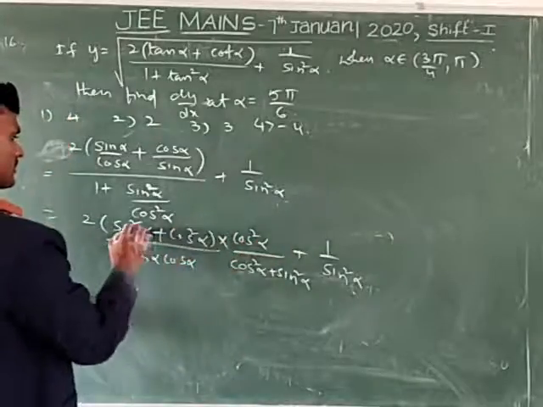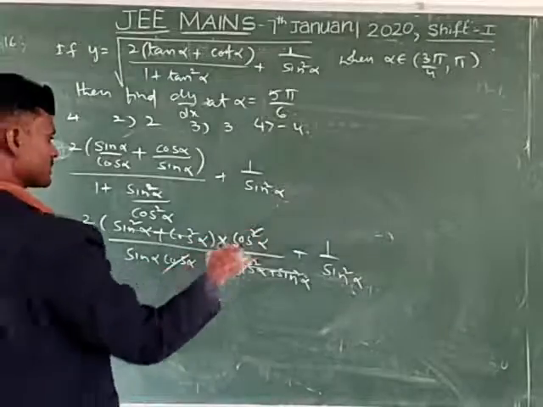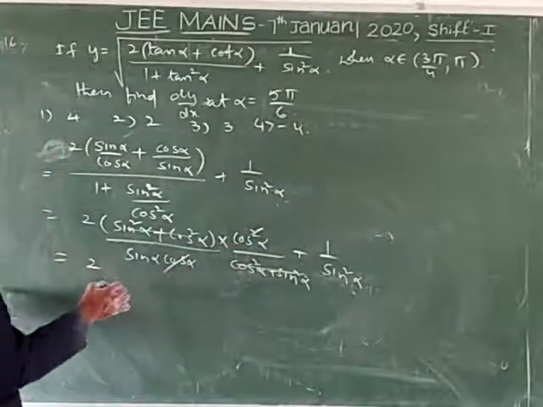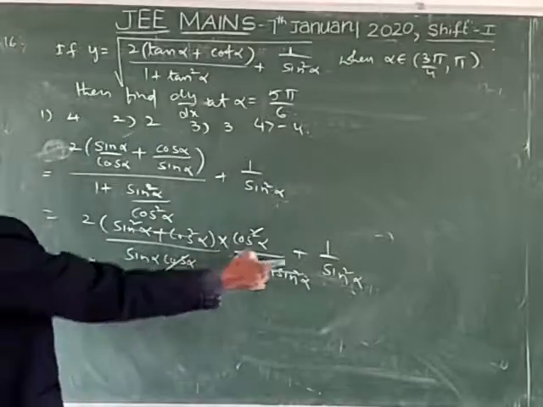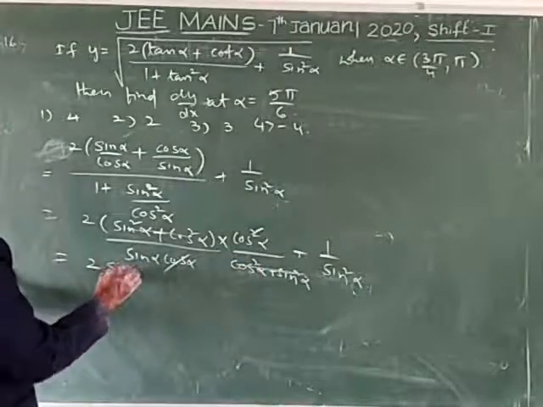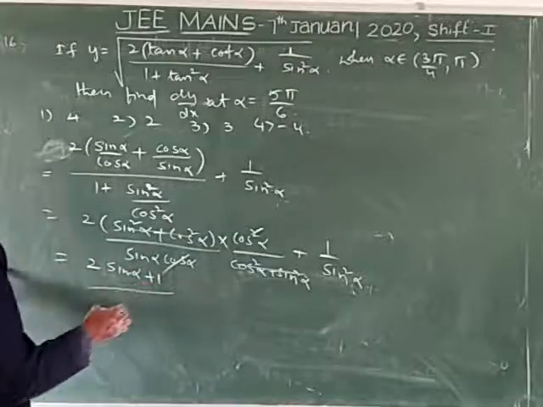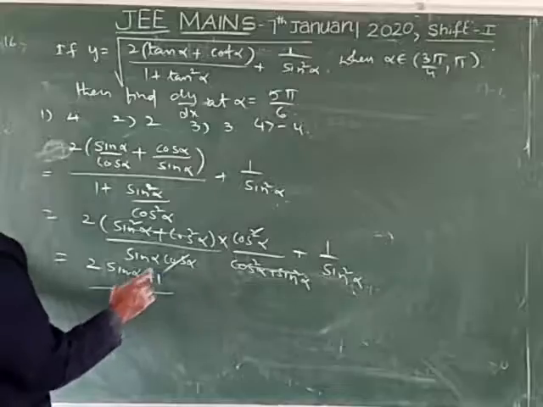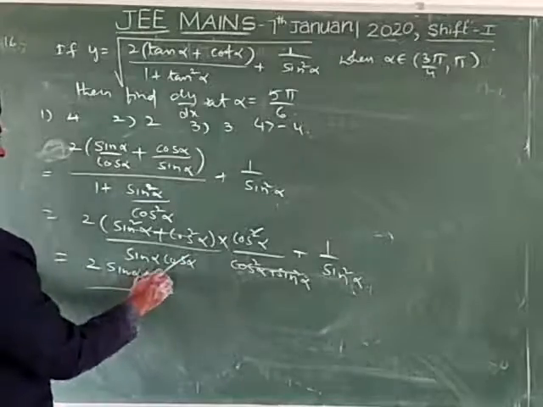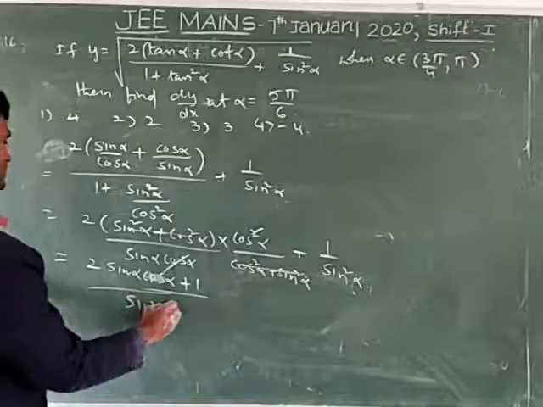This is equal to 1 and this is also 1. Now one cos alpha cancels. Now 2 into sin alpha, with sin square alpha again common in the LCM, then sin alpha plus 1 by 2 sin alpha into cos alpha, this cos alpha plus 1 by sin square alpha.